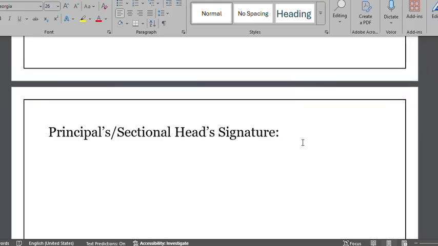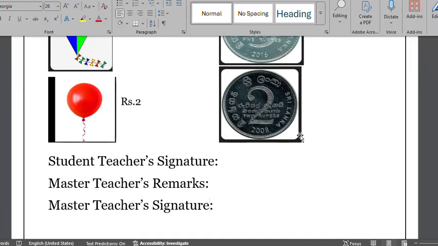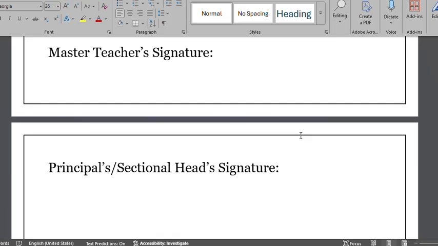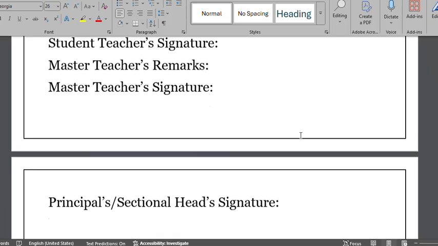In some schools, according to the size of the school and the level, you can get the signature of a sectional head or some other hierarchy official and keep it. So while ending each lesson, you want to get this and keep.